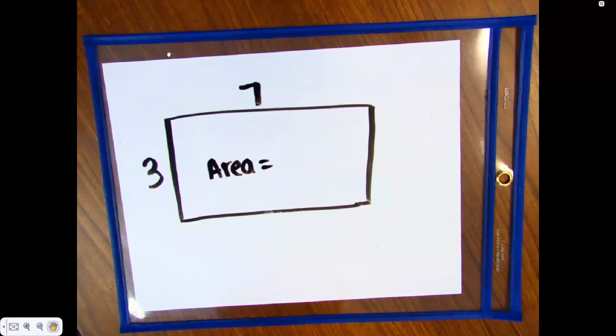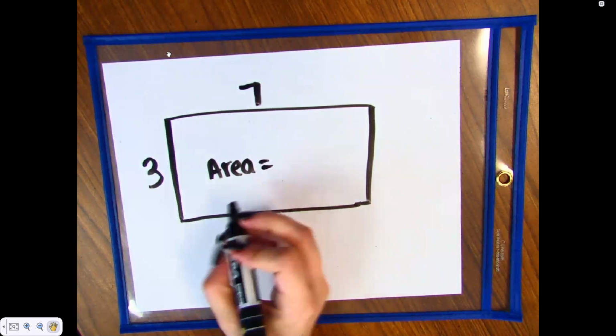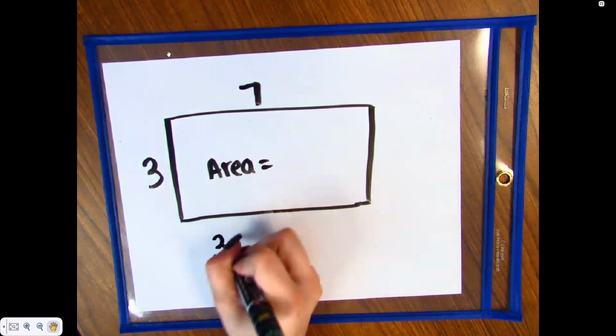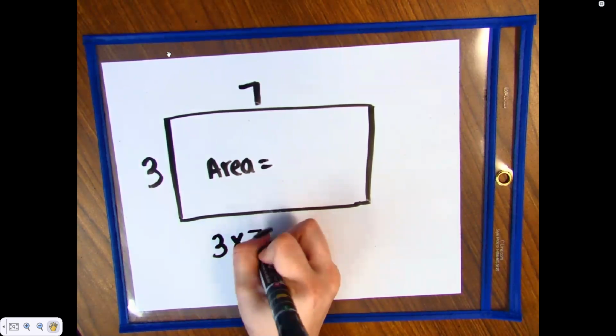what is the area? What does the area equal? What can I do to find this area? What can I do to find it? I've given you 3 and I've given you 7. I've given you one side and I've given you the other side. Multiply. So I would do 3 times 7.